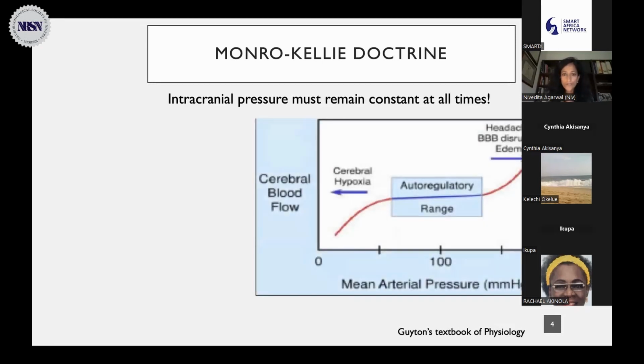Now, what is intracranial pressure and why should it remain constant? So you know about this little graph here, that there is a range of arterial pressure. Mind you, this is not intracranial, this is arterial pressure, within which the cerebral vessels autoregulate themselves such that the overall mean arterial pressure never changes. It remains constant in this range.